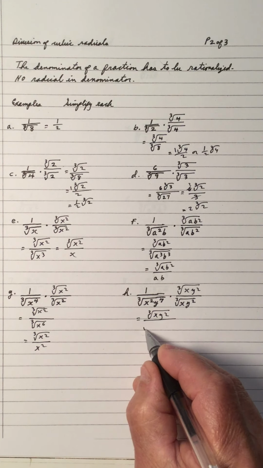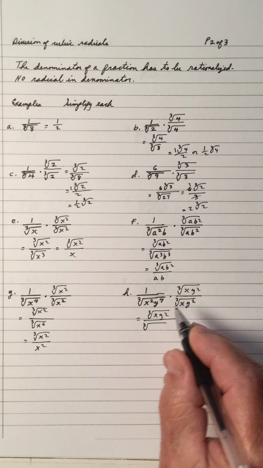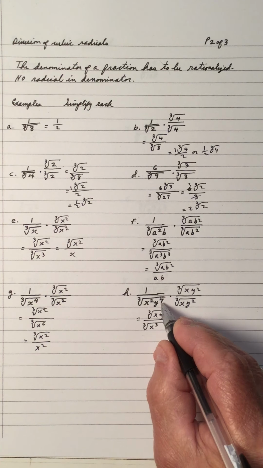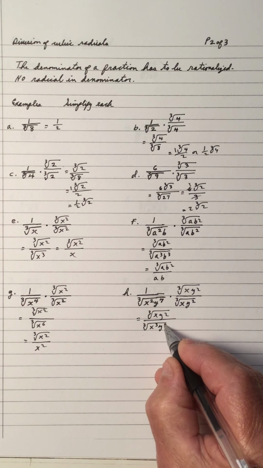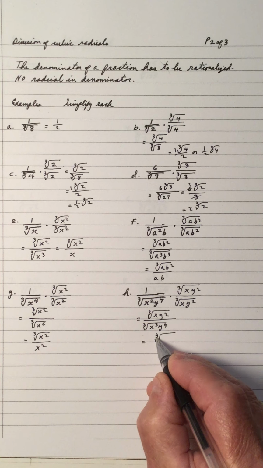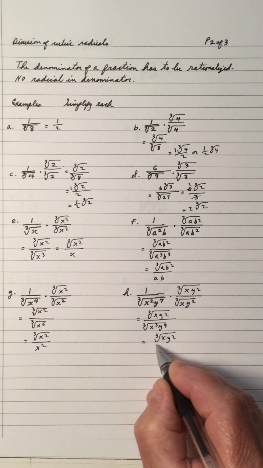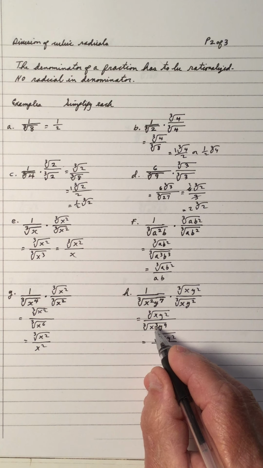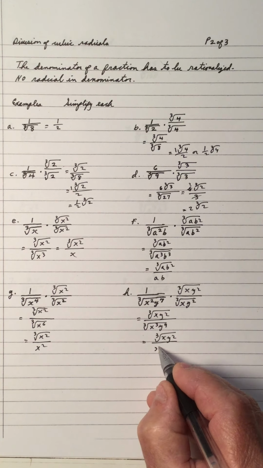Now the bottom, when I multiply, should have 2 plus 1 is 3, 7 plus 2 is 9. That's perfect. So the numerator is already okay. And the cube root of x cubed, 3 into 3 goes once.